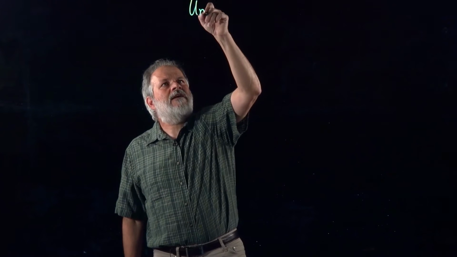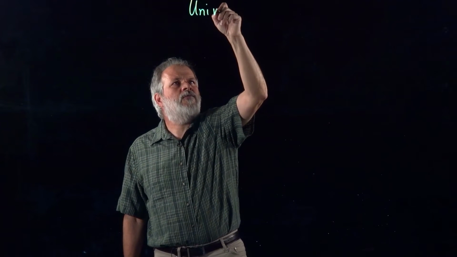All right, so the next little topic we're going to cover is mechanisms of reactions, and we're going to do an example of a particular type of step. It's called unimolecular. That means it involves one molecule, just like a unicycle has one wheel.